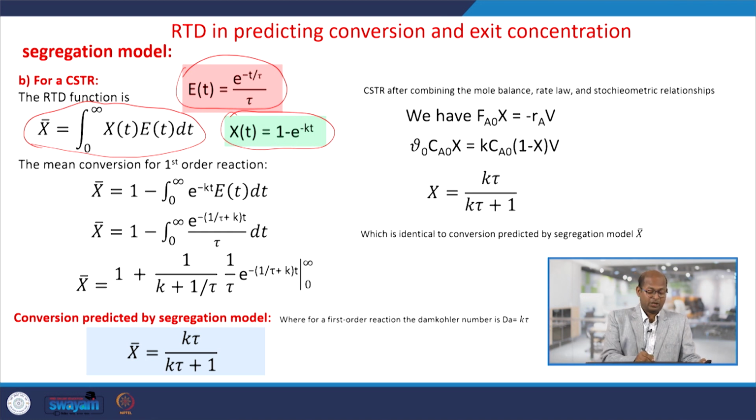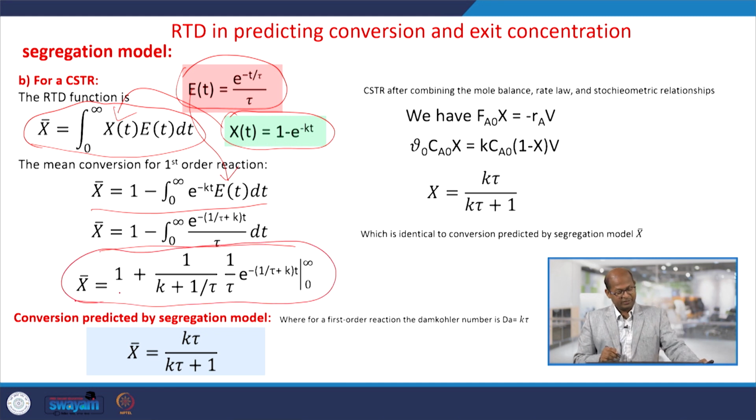Okay. So, now these two, one by one, if you substitute, first X(t) we have to substitute here, we can get it, and then after simplification we substitute E(t). Okay. So, if we simplify these equations, then it would be like this.